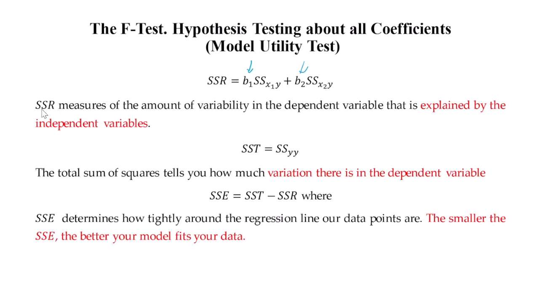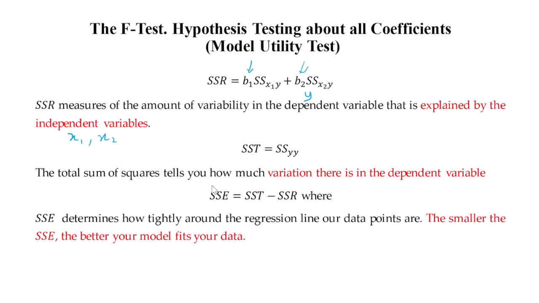The sum of squares of regression measures the amount of variability in the dependent variable that is explained by the independent variables, so the amount of variability in y that is explained by x1 and x2 in our model. Then we have the total sum of squares, which tells us how much variation there is in the dependent variable, equivalent to the sum of squares of yy.